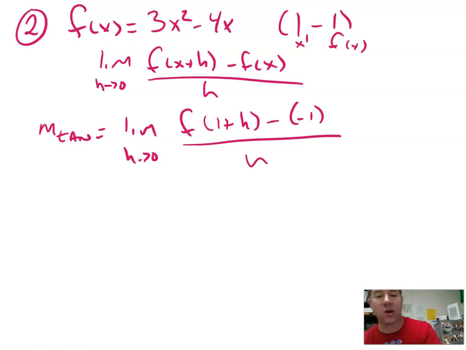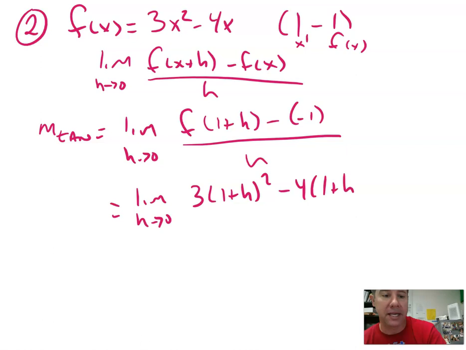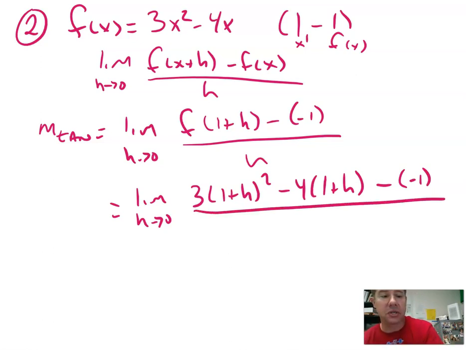So now I've actually got to plug 1 plus h into my function. So this is 3 times 1 plus h squared minus 4 times 1 plus h. There's my f of 1 plus h minus my f of x, which is -1, all over h.